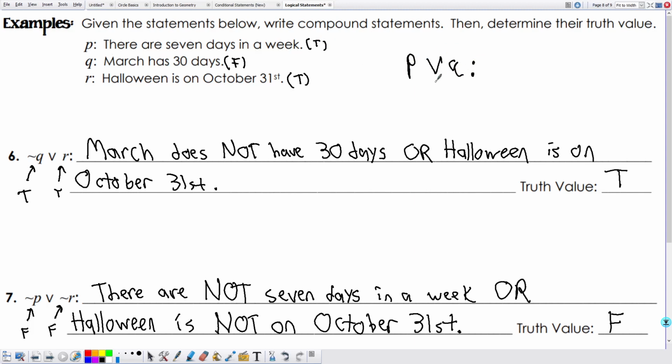Q, in our case, was false. But since it's a disjunction, only one of them has to be true for the entire disjunction to be true. So if we actually wrote this out, the truth value would be true, because it only matters that P was true. In a conjunction, they both have to be true, but in a disjunction, only one of them has to be true. And we'll see this pretty clearly in the next video where we go over truth tables.